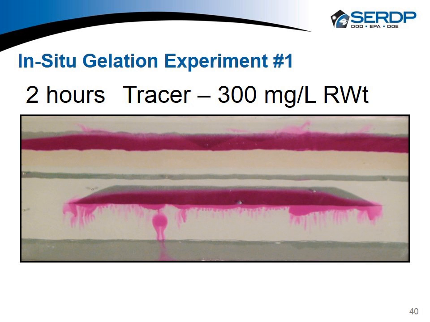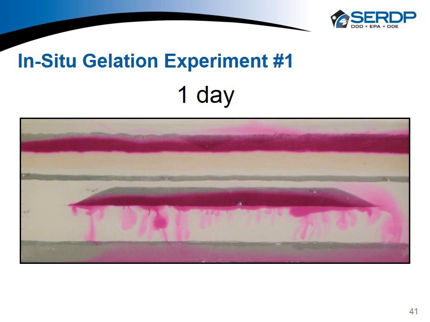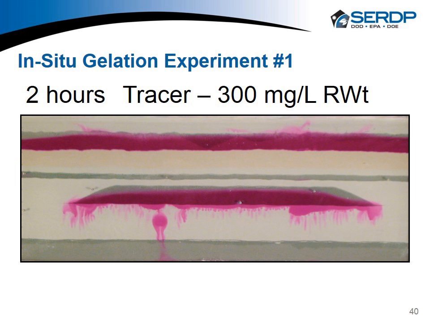This is how it looks after 2 hours. At this time, most of the silicate solution was gelled, and you see the development of instabilities under the coarse lens, but no development of instabilities in the clay lens because there is no diffusion into the clay lens at this point.